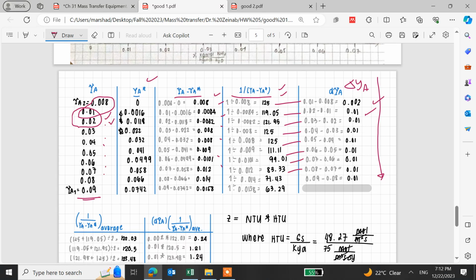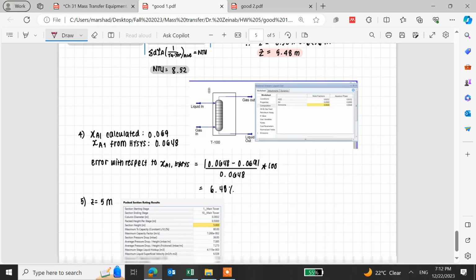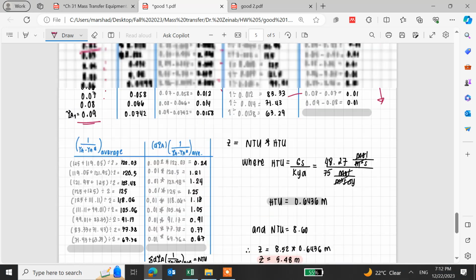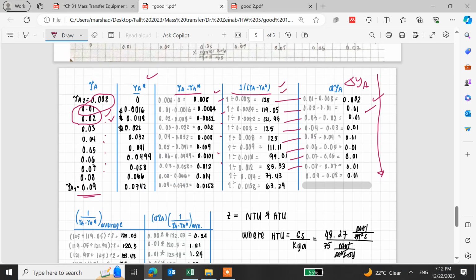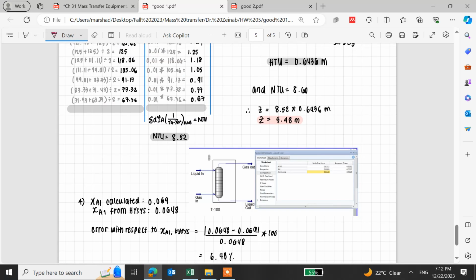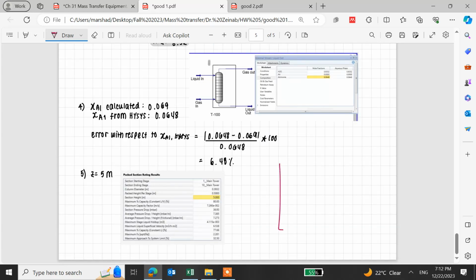Okay, now this graph is not there. So what we need to do, as I told you, we have something like this. At one data point, first one and second one, suppose, this is the delta y, we know, right?